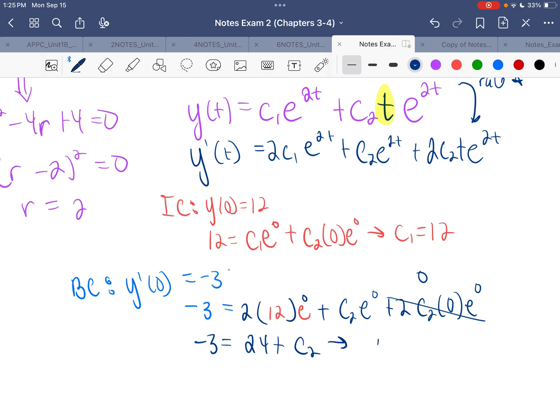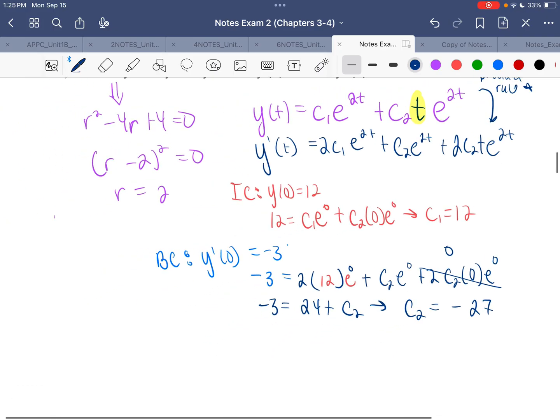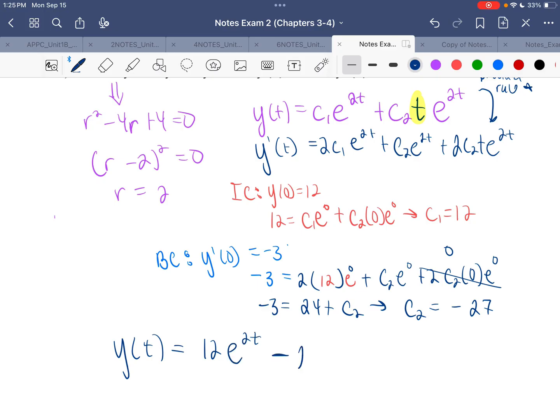So c2 is equal to negative 27. Plug those back in. y of t is equal to 12 e to the 2t minus 27t e to the 2t.